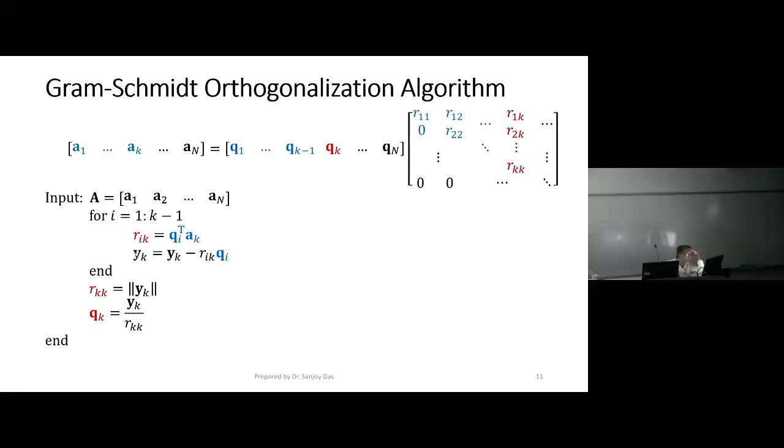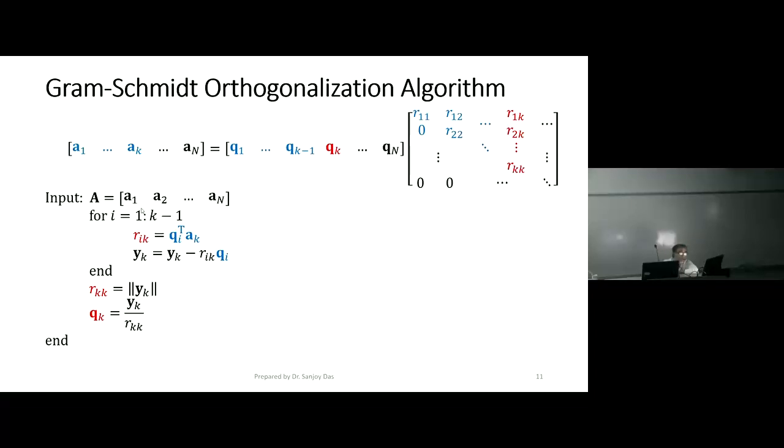And then, I forgot to write here, Yk I initialize to Ak.